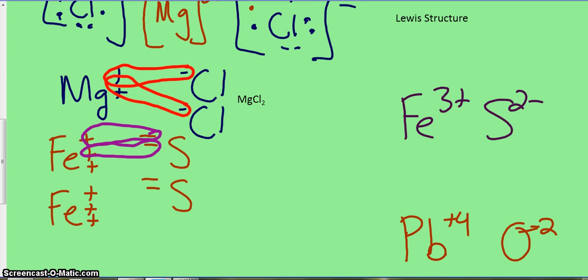Once I go here, I still have a negative left over, so that's why we're going to need a second ion of iron. Notice though I had to bring all of the positive charges along for the ride. I can't just put on one more to finish it out. So I'm going to make a pair here, and I need another sulfide ion now.